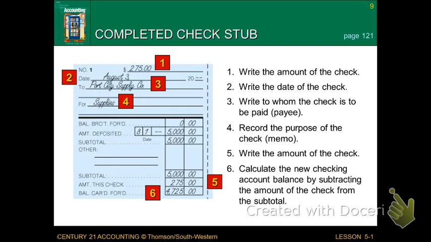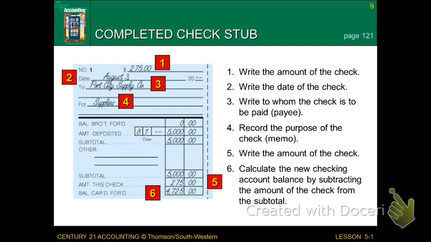The date is the date you're writing the check out for, in this case, August the 3rd, 2014. And who is the check going to? This is the payee. This is the person that is going to receive this check. So the business we're giving our check to is the Port City Supply Company in the amount of $275.